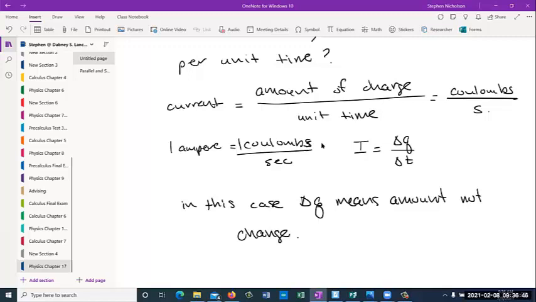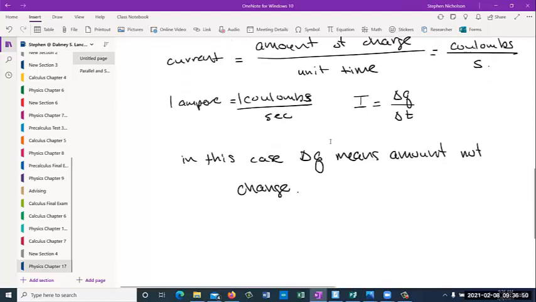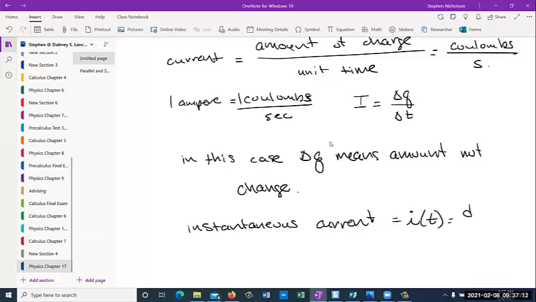Now from a calculus standpoint, if you're looking for instantaneous current, that's equal to, we'll use a small i, so i is a function of time. This is a time varying current, equal to the rate of change of the charge with respect to time.